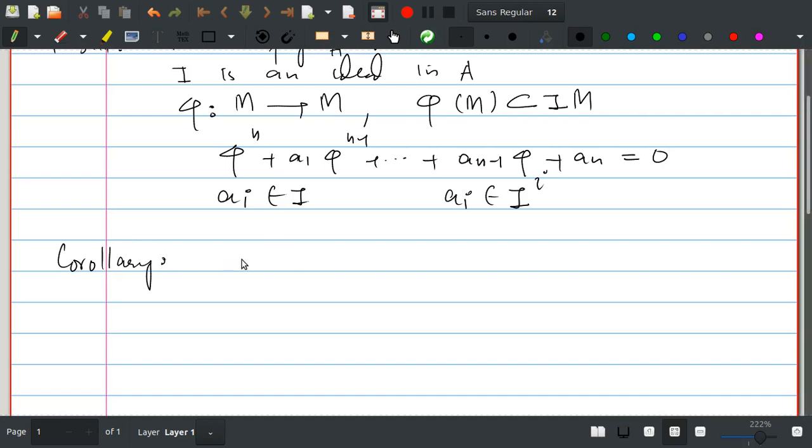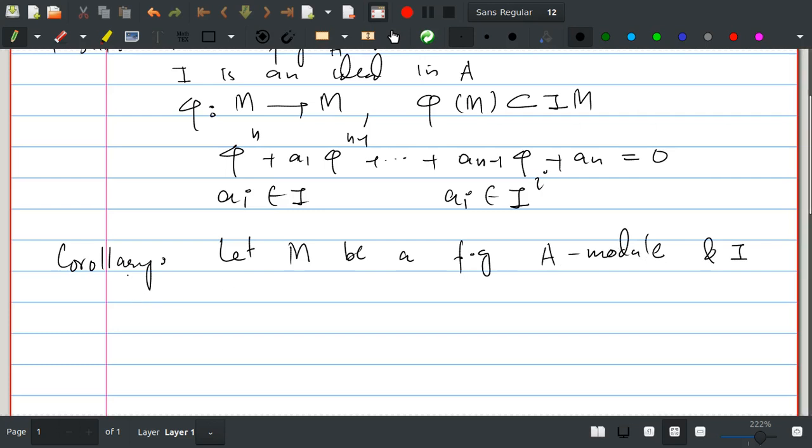Let M be a finitely generated A module and I be an ideal in A such that IM is equal to M.